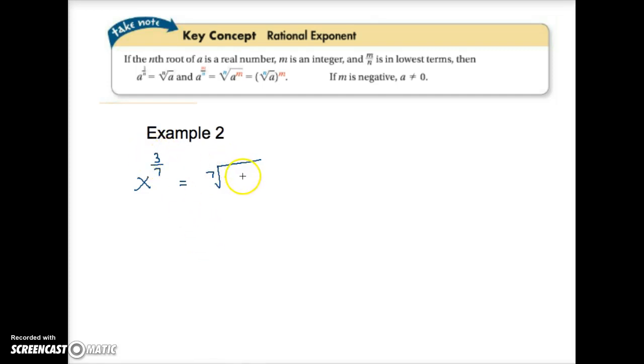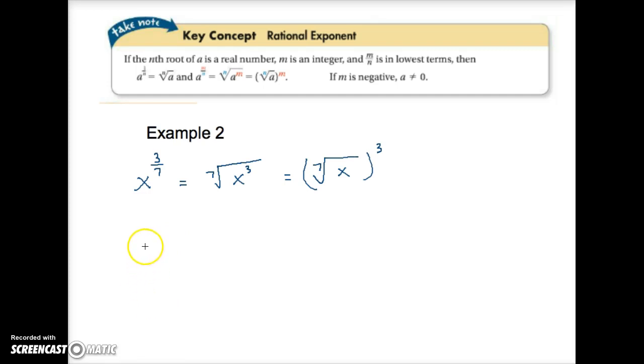My numerator is what I'm raising this to. And that is also equivalent to saying this. These two expressions are equivalent, so whichever way you prefer to write this is fine. So that is what that means.